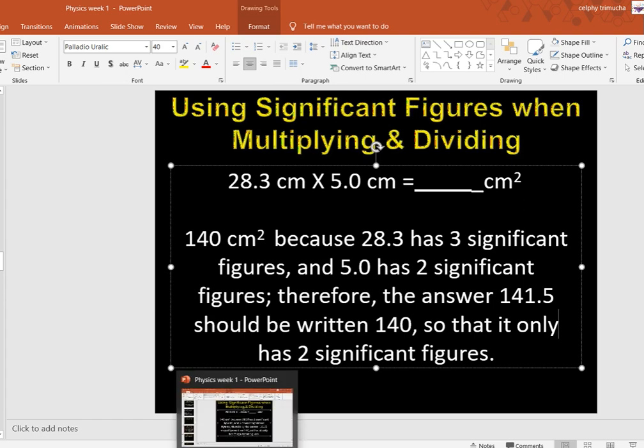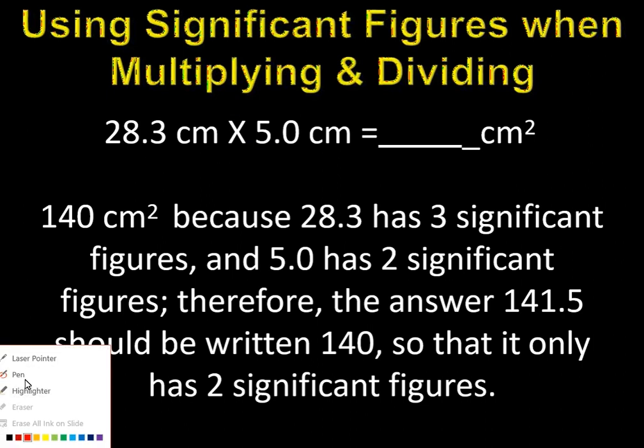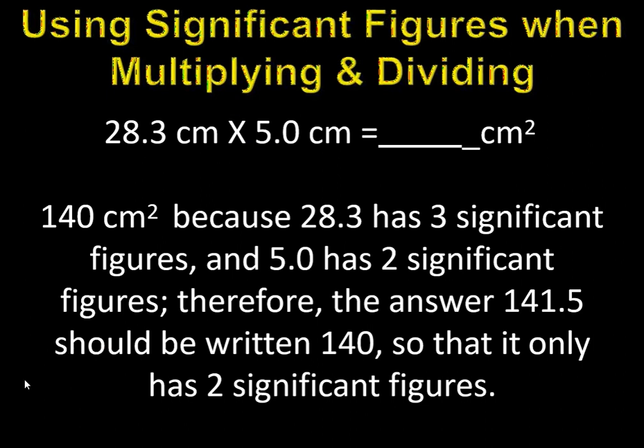Okay, let me just zoom in so we can write. Again, if we multiply 28.3 by 5 cm, our answer should be 141.5. Okay? If we round it off, we can use 142. So 142.